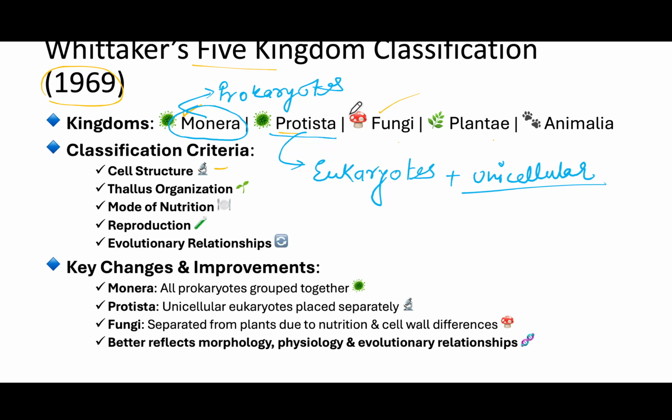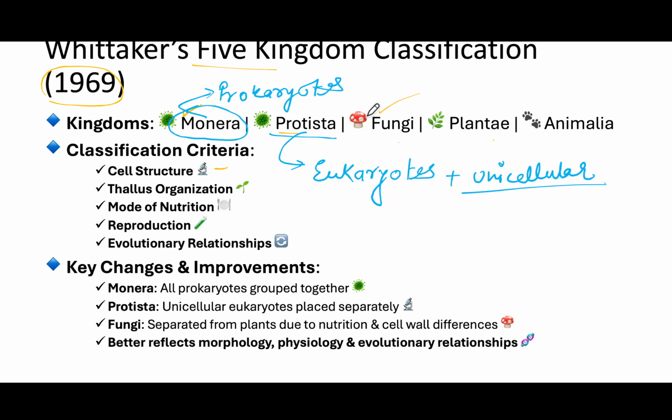What is the key feature of kingdom fungi? They are saprophytic organisms. They cannot prepare their own food. This is very important about fungi. Along with this, the cell wall is different, meaning the cell wall is not made up of cellulose.